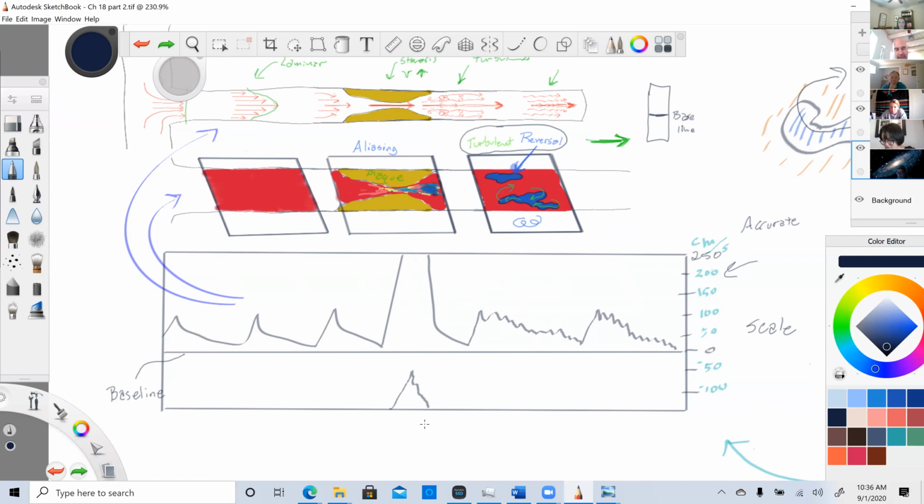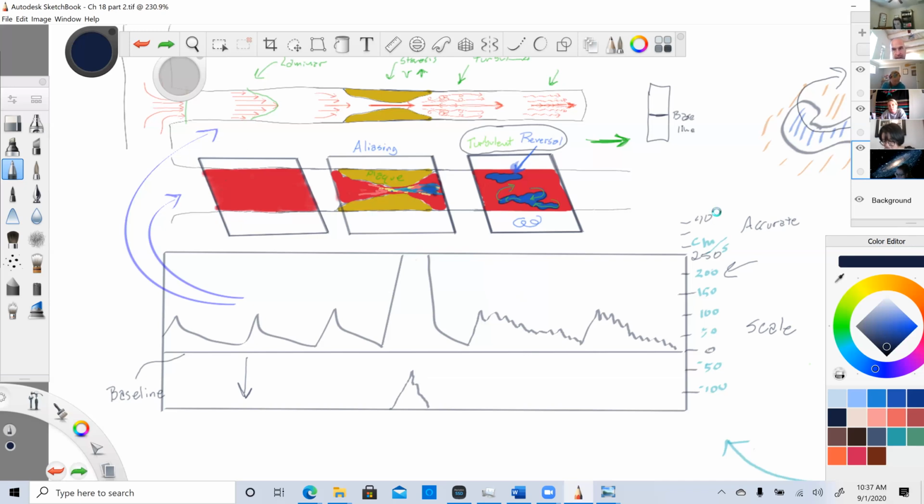So on this particular one, it looks like I could probably take my baseline and move it down. If I move my baseline all the way down, I think this peak will fit. And by moving the baseline down, I'll have essentially more hash marks on top. I can probably go up to 350, maybe 400. Let's just say 400 centimeters per second if I move my baseline down.